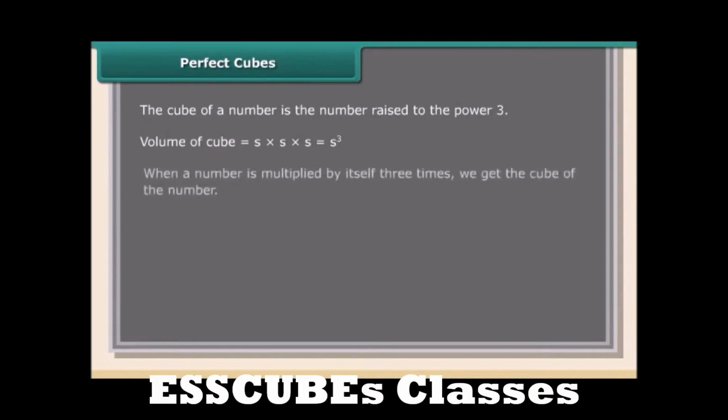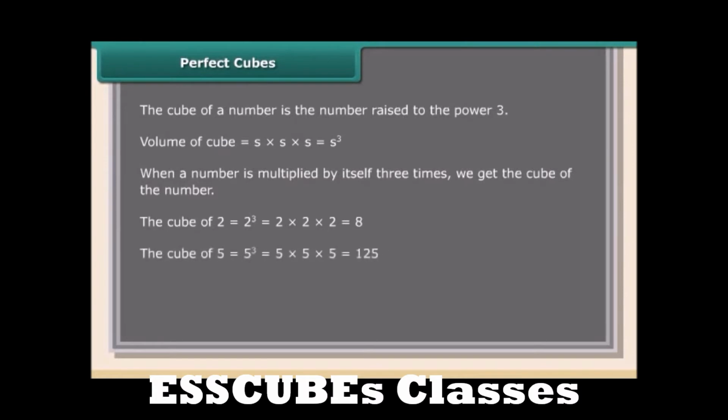Perfect cubes. The cube of a number is the number raised to the power 3. Volume of a cube is equal to S into S into S, which is equal to S cube. When a number is multiplied by itself 3 times, we get the cube of the number. The cube of 2 is equal to 2 cube, which is equal to 2 into 2 into 2, which equals 8.